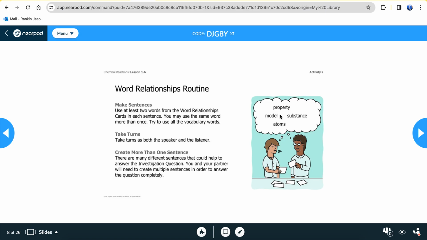We can say that different substances have different properties because they're made up of different atoms, or some different atoms, and we use models to observe those substances. Right, there's many ways we can utilize these words.